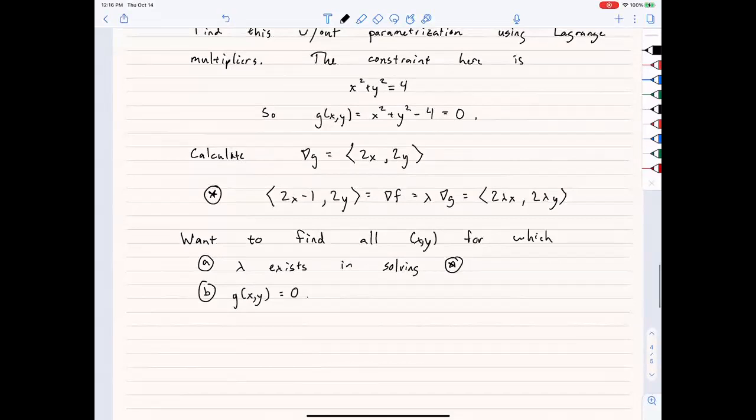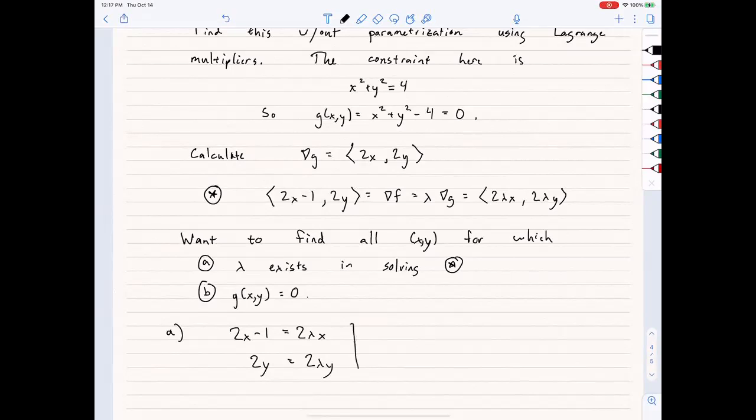Okay, so let's take a look at A. Well, this vector equation here is really two equations, right? So we have 2x minus 1 equals 2 lambda x, and we have 2y equals 2 lambda y. It's a very nonlinear equation, so you have to be a little bit careful.